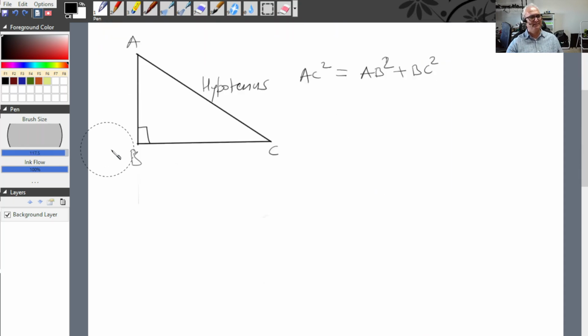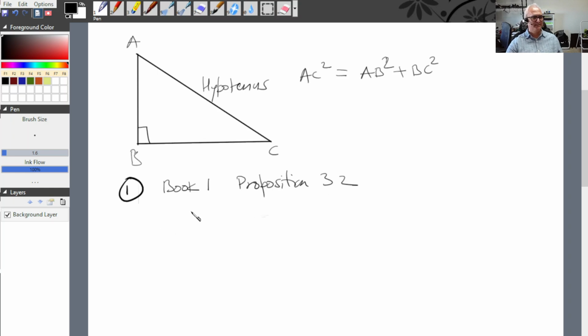Number one is, book 1, proposition 32, that says that the three angles of a triangle, their sum will be 180 degrees, which is a constant.